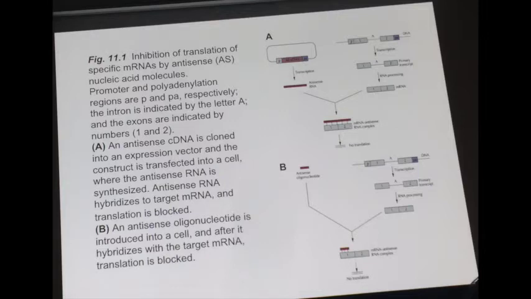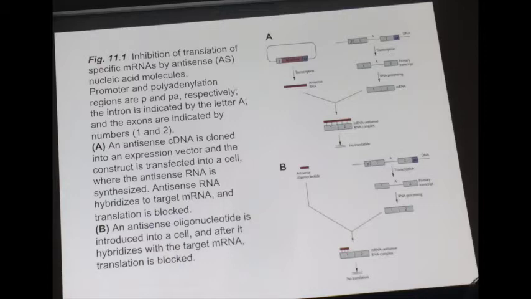First of all, let me define antisense RNA. What's shown here in A, if you look at the right-hand side of A, is a promoter and a gene.